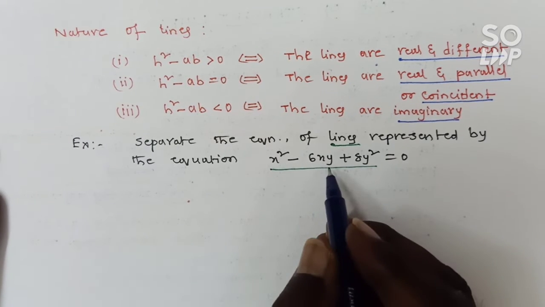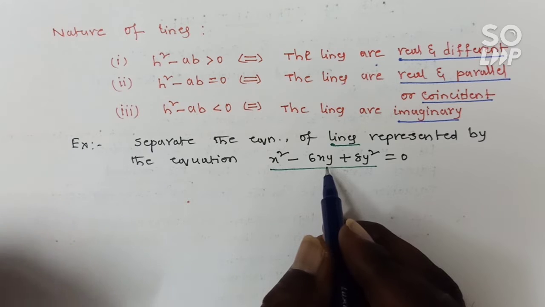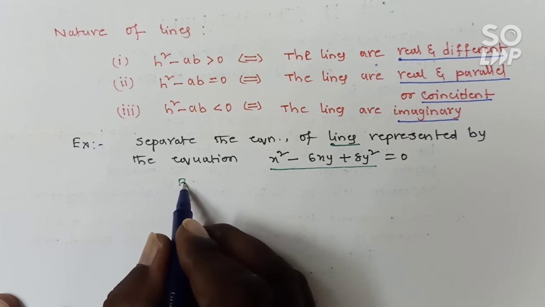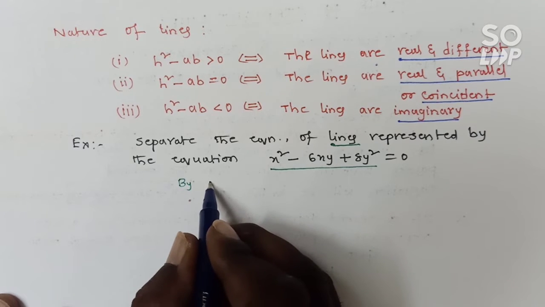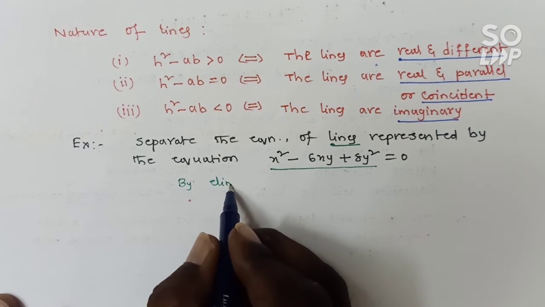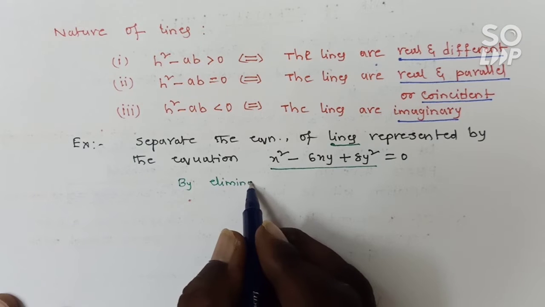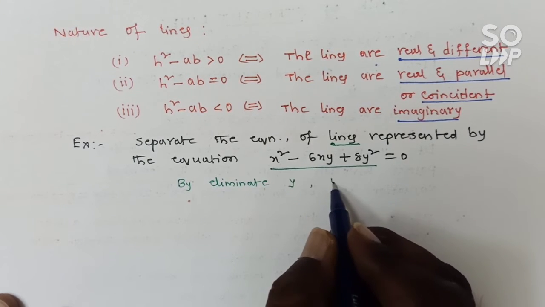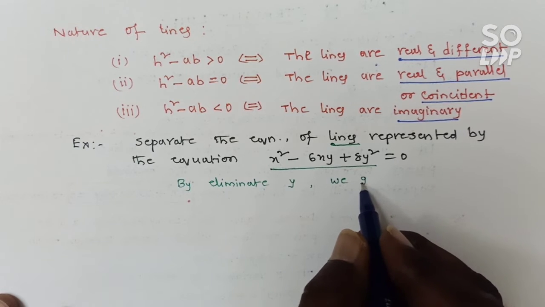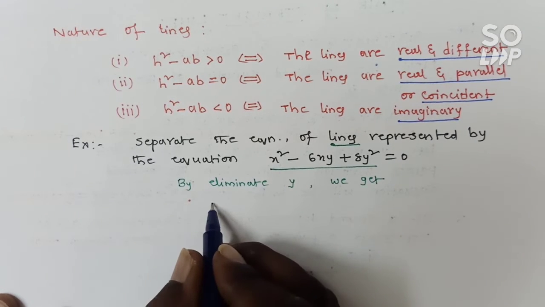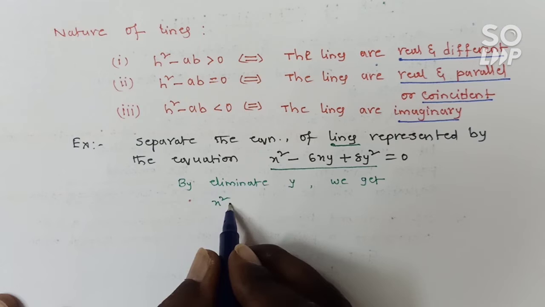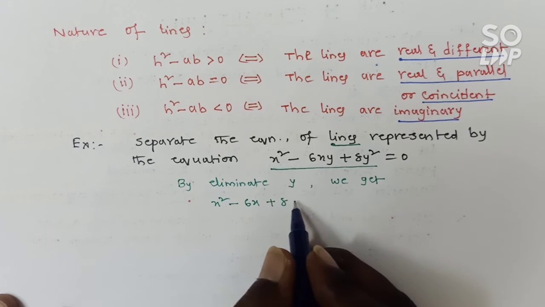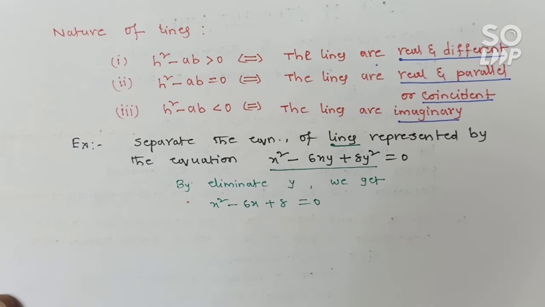Now you eliminate the y from the given equation, we get what will be the equation? X square minus 6 into x plus 8 is equals to 0.